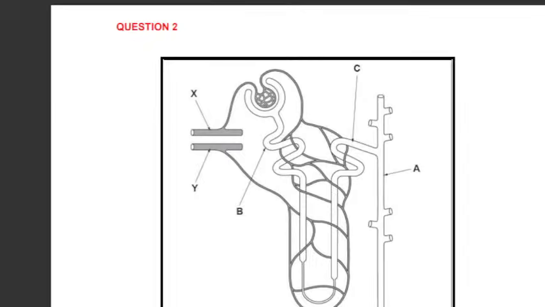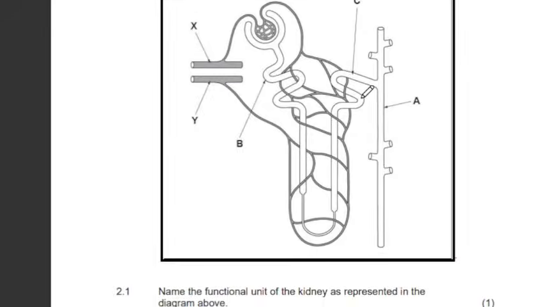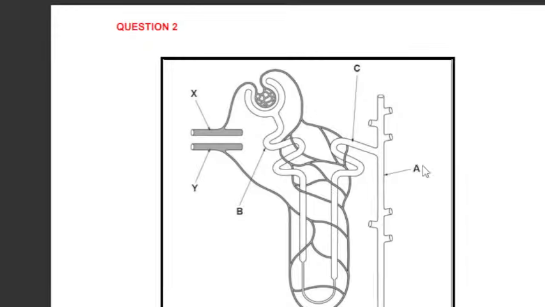All right, let's go through it. A is going to be the collecting duct. C is going to be the distal convoluted tubule. And then B is going to be the proximal convoluted tubule.